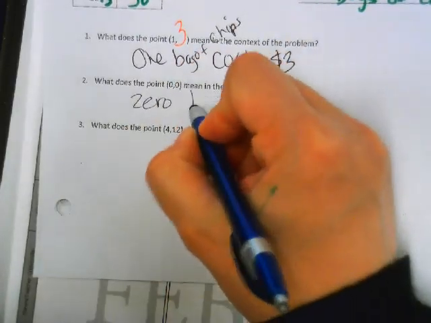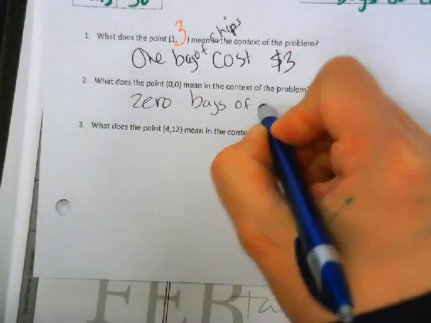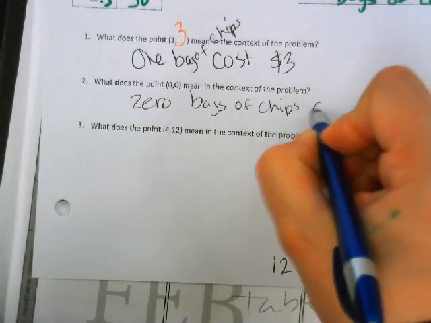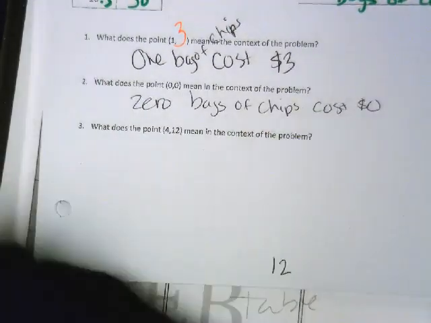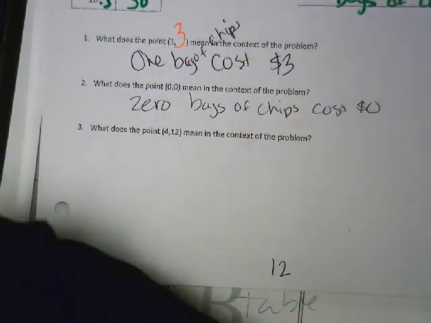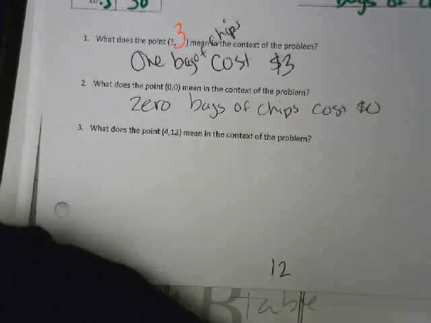Now (0, 0) means 0 bags of chips cost $0. Remember, even though it's a very simple question and you think it's just nothing, you do have to identify that the first 0 is your bags of chips and your second 0 is about money. So 0 bags of chips cost $0.